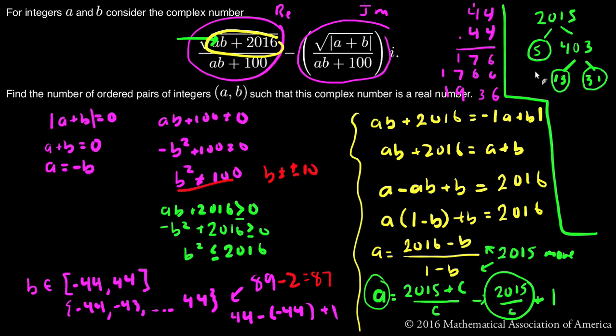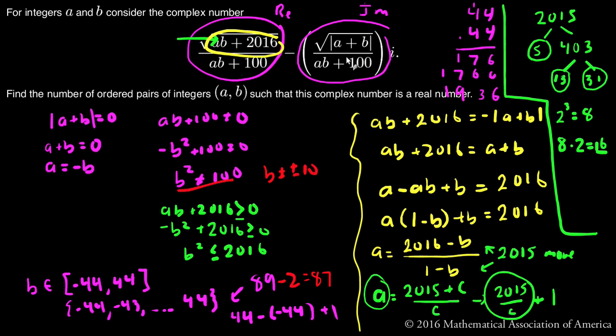It can either have a 5 or not have a 5, have a 13 or not have a 13, have a 31 or not have a 31, and that's the same thing as doing 2 times 2 times 2, 2 to the third, equals 8. That's the number of positive factors of this. And I'm going to end up having positive and negatives, so I have times 2, 16 possibilities that will make these cancel.